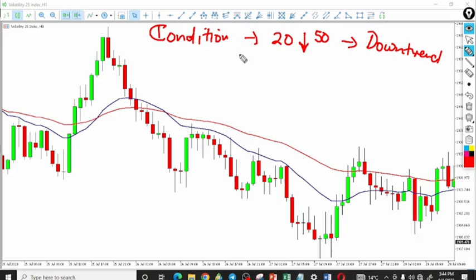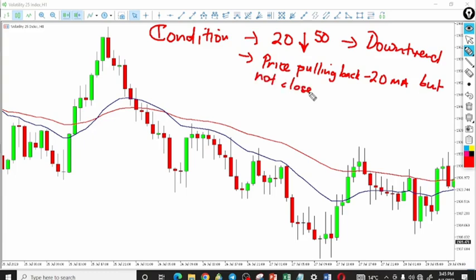So the second condition that we want to see is that we want to see price pulling back to the 20 EMA, but not close above the 50 EMA.